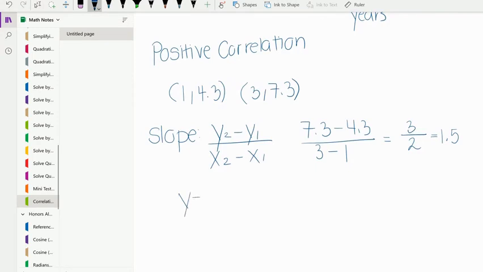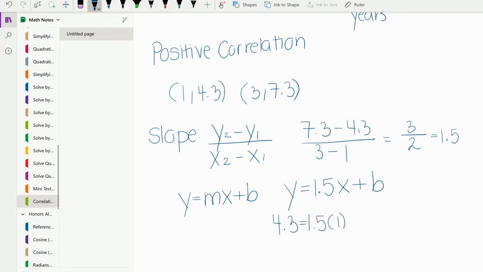So now, using slope-intercept form, y = mx + b, we have y = 1.5x + b. Then you plug in one of the points for x and y to solve for b, which is your y-intercept. So I'm going to plug in 4.3 for y and 1 for x.